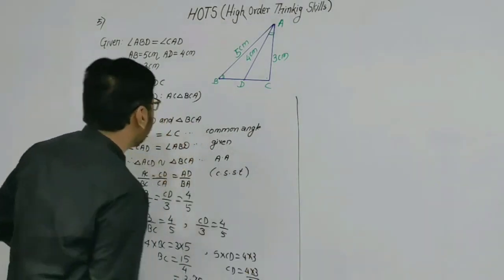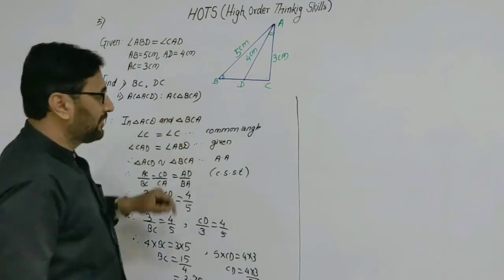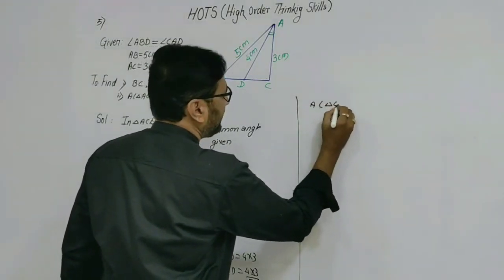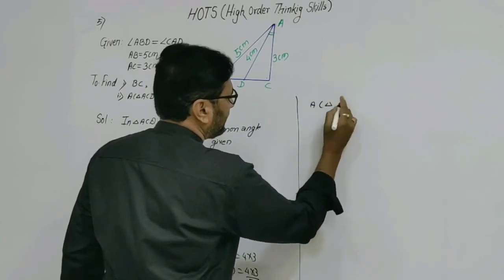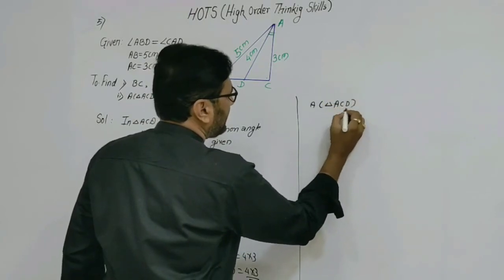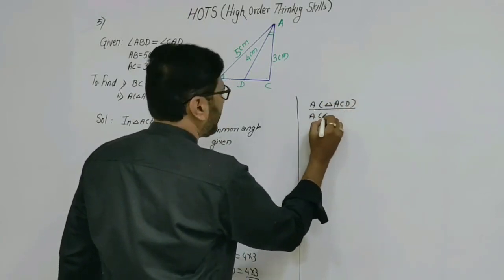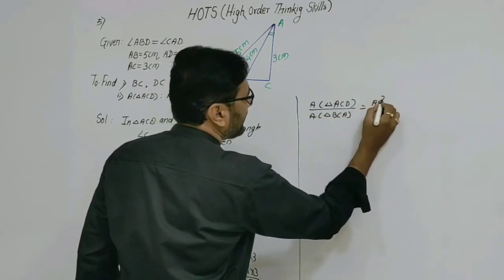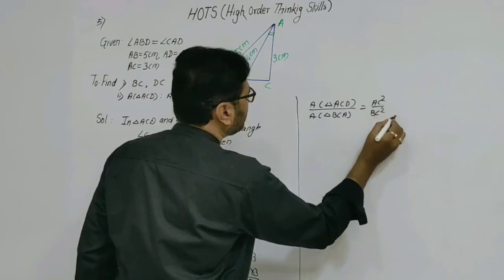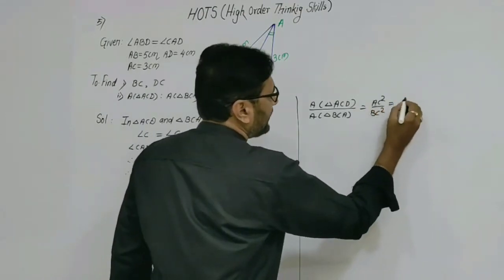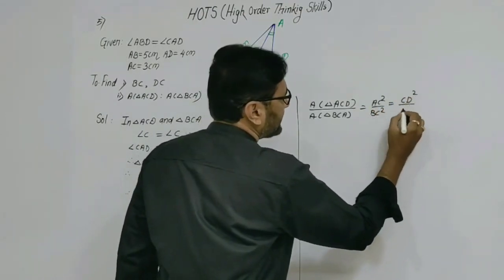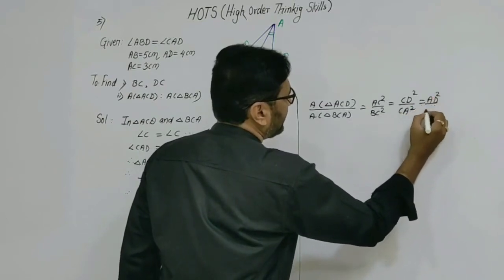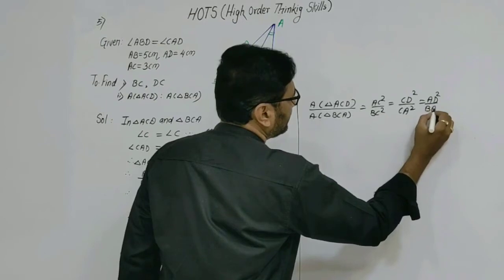You know, since these two triangles are similar, area of triangle ACD upon area of triangle BCA is equal to AC square upon BC square, which is equal to CD square upon CA square is equal to AD square upon BA square.